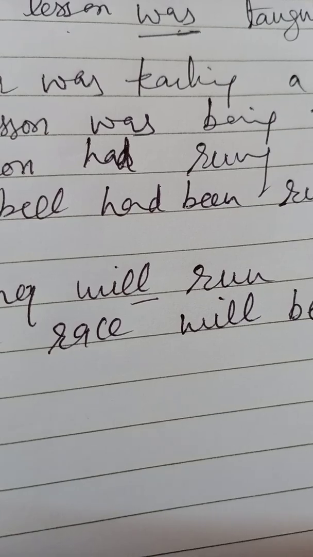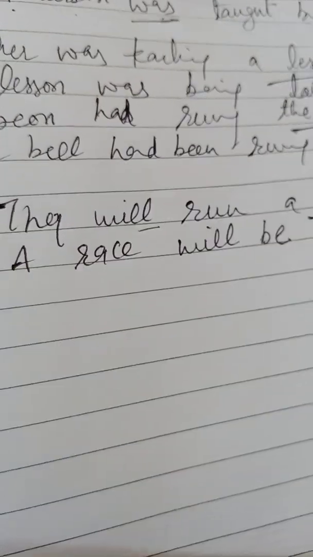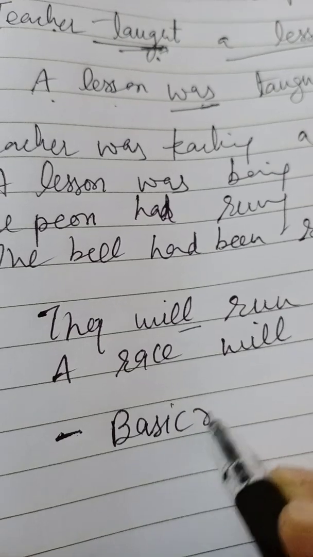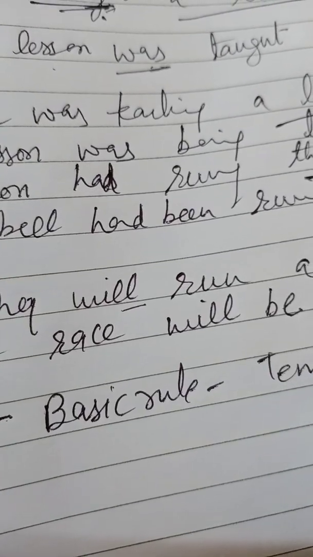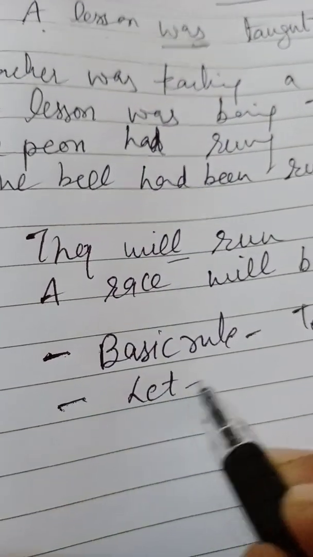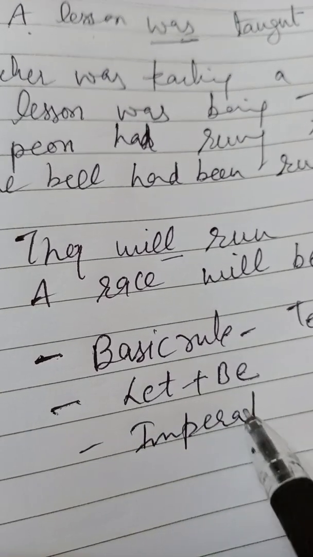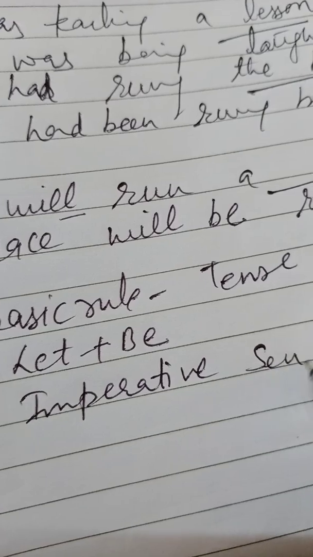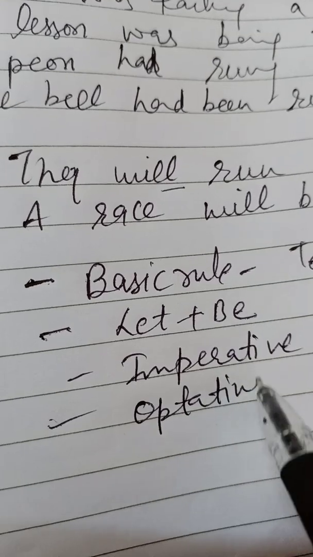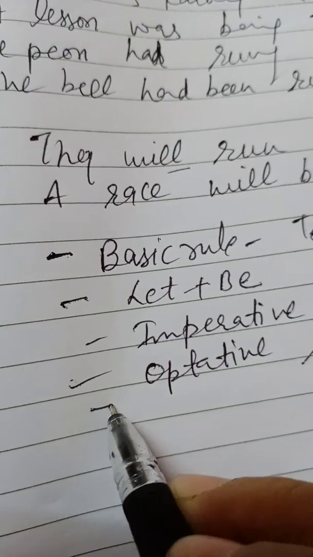Now we will come to the rules, which we will discuss in the next video. The first one, the basic rule of tense, we have discussed. Two or three are still remaining. Then the next rule is let plus be, imperative sentences. Next, optative sentences. Okay, got it?